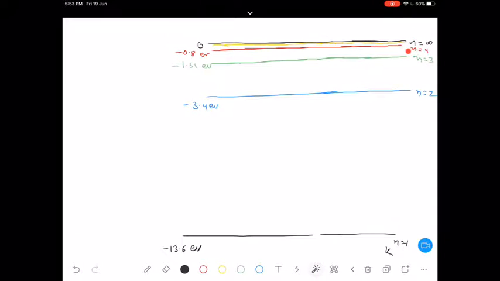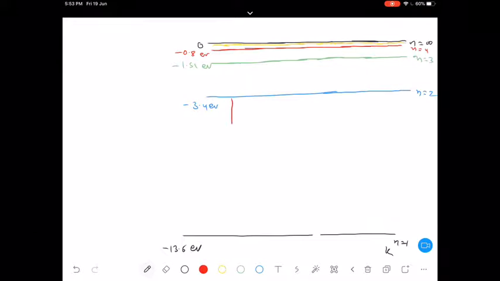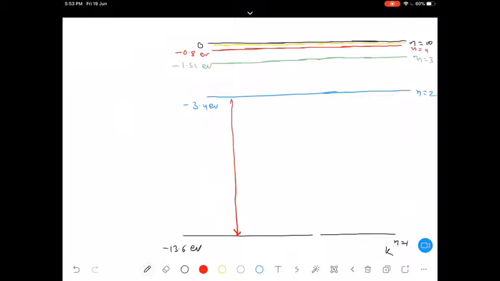There are infinite orbits, but the energy difference among them will be less than the energy difference between first and second. That energy difference, I'll write here, comes out to be 10.2 electron volt.